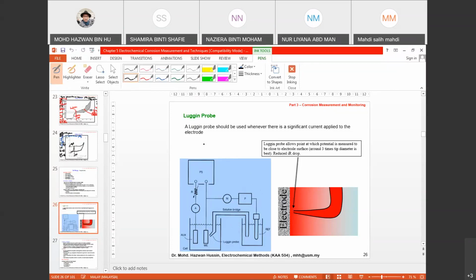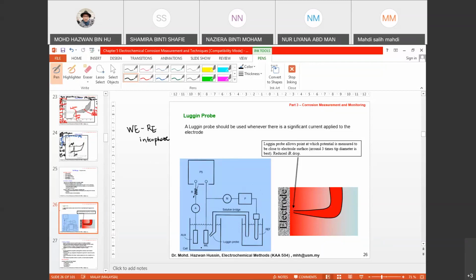And as I said, the electrochemical process will depend on how close the working electrode is to the reference electrode interface. So if you want to get very good electrochemical data, you have to make sure that your working electrode is placed as near as you can to the reference electrode, because the function of the reference electrode is basically to measure the potential.